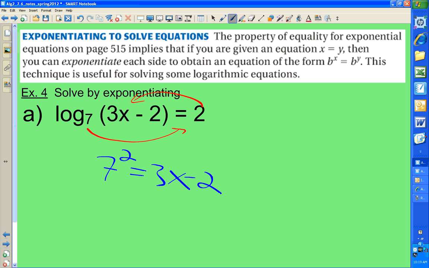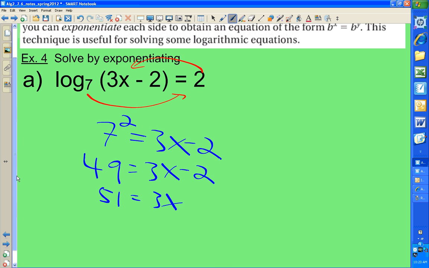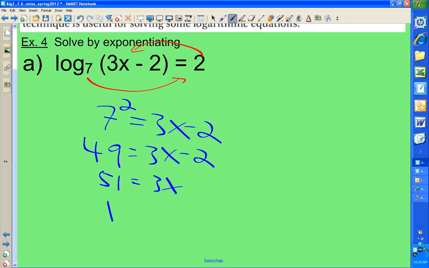What's 7 squared? 49 equals 3x minus 2. 51 is equal to 3x. When you divide by 3, 17 is x. And again, when you check it, 3 times 17 minus 2 is a positive value. That's really critical for us.